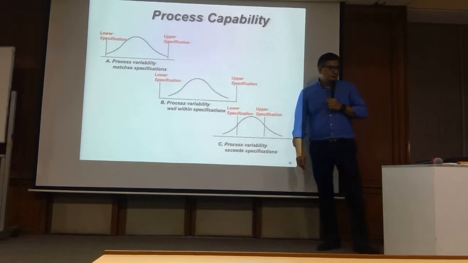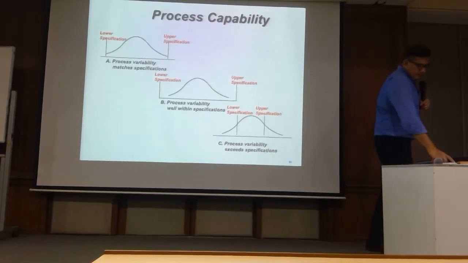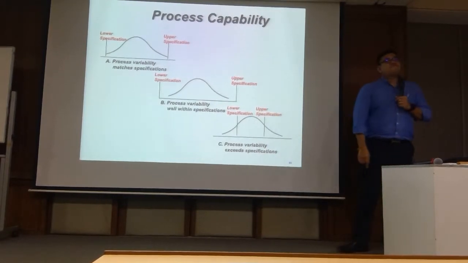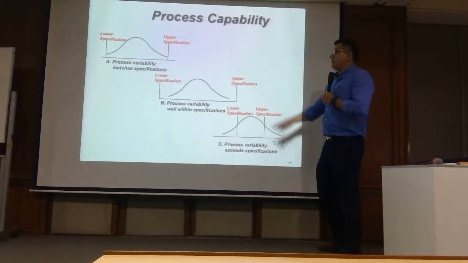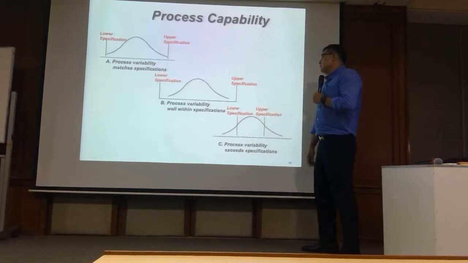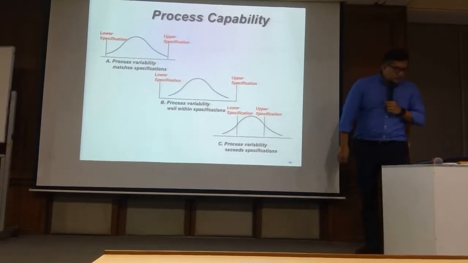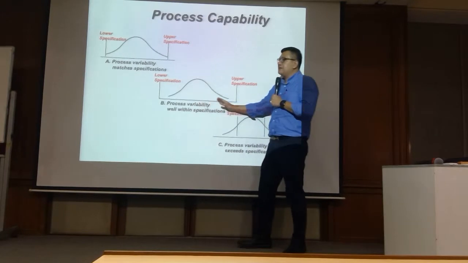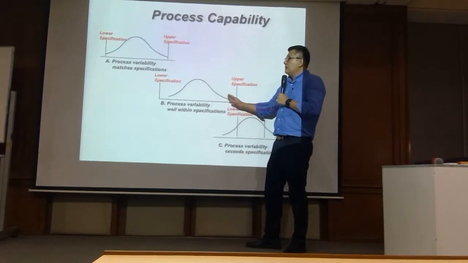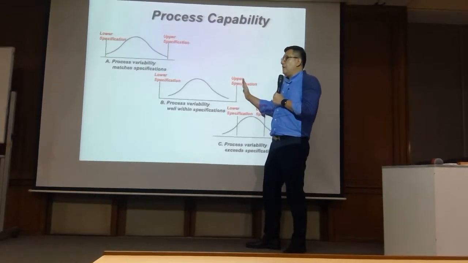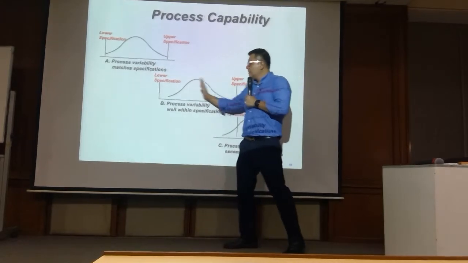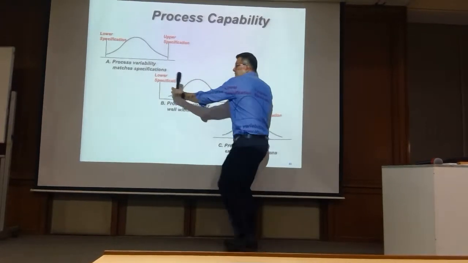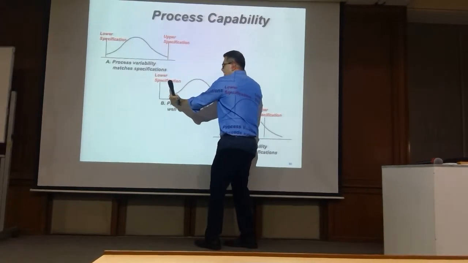So some indicators were developed from this figure. The first indicator we call the process capability ratio. It is measured using the width of the spec, upper and lower spec. This is the width of the spec, and this is the width of the distribution.